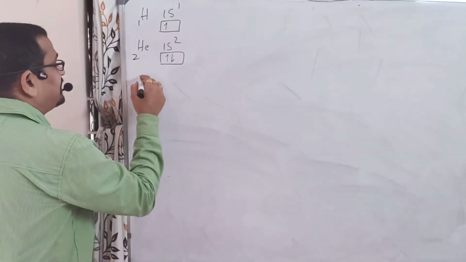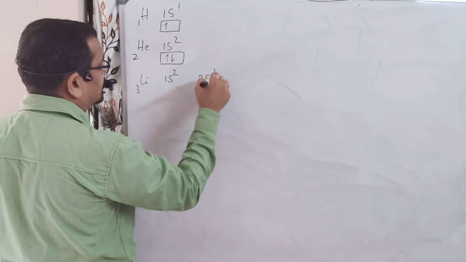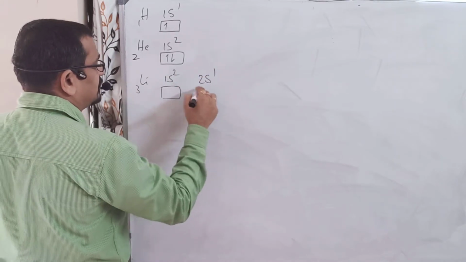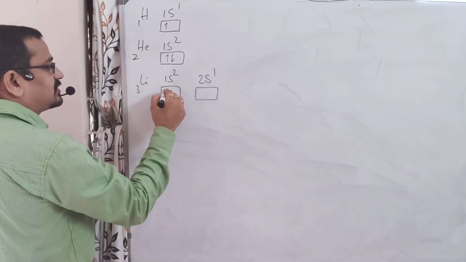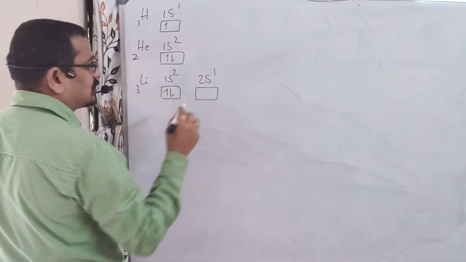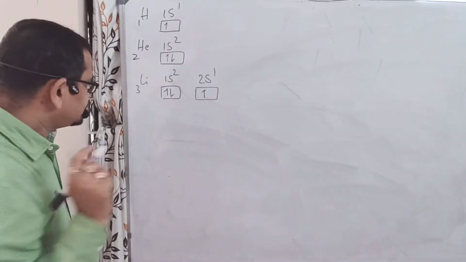Okay, next, lithium, atomic number 3. So it is 1s2, 2s1. 1s is one orbital, 2s is another orbital. 2 electrons, one with clockwise spin, the other with anti-clockwise spin. Conventionally, first we will take clockwise spin.